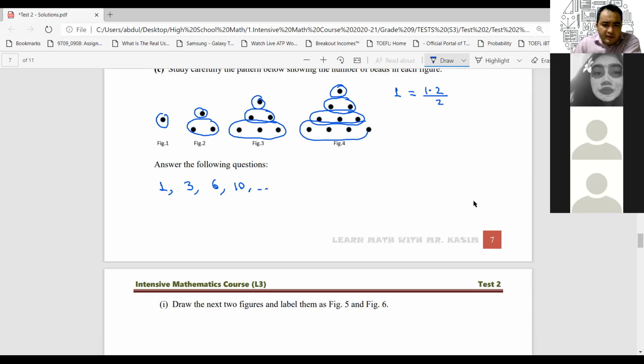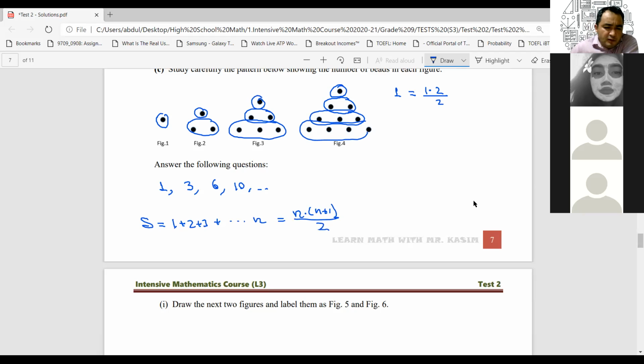And we know that the sum of n natural numbers, 1 plus 2 plus 3 plus dot, dot, dot up to n, what is the formula? It is n times n plus 1 over 2.